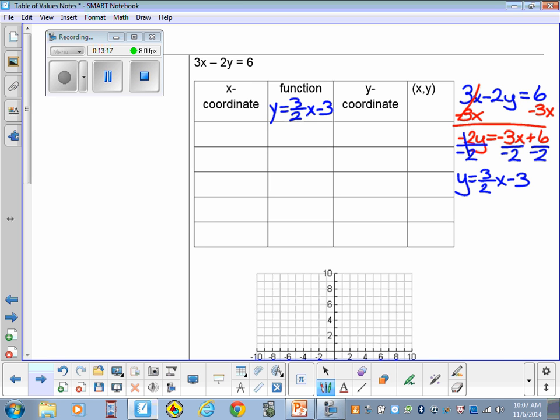Once again, I've got a fraction in front of x, so I can't pick 1 as my x coordinate. Otherwise, I'll end up with a fraction that I have to graph. I want to pick multiples of 2. So 0, 2, 4, negative 2, negative 4. And my calculator, 3 halves x minus 3.